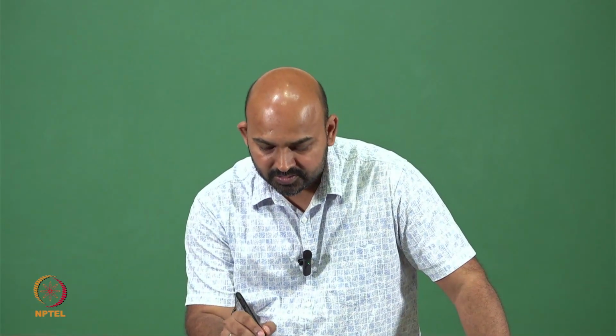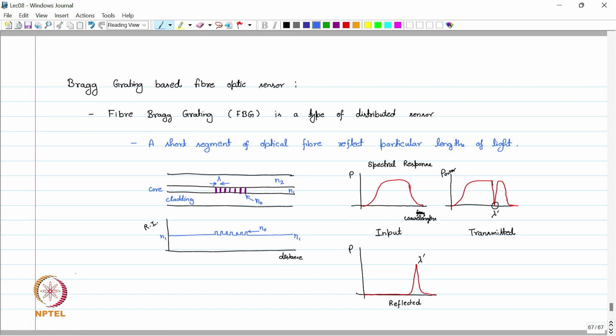So these gratings are simple sensing elements which can be photo inscribed into a silicon fiber.